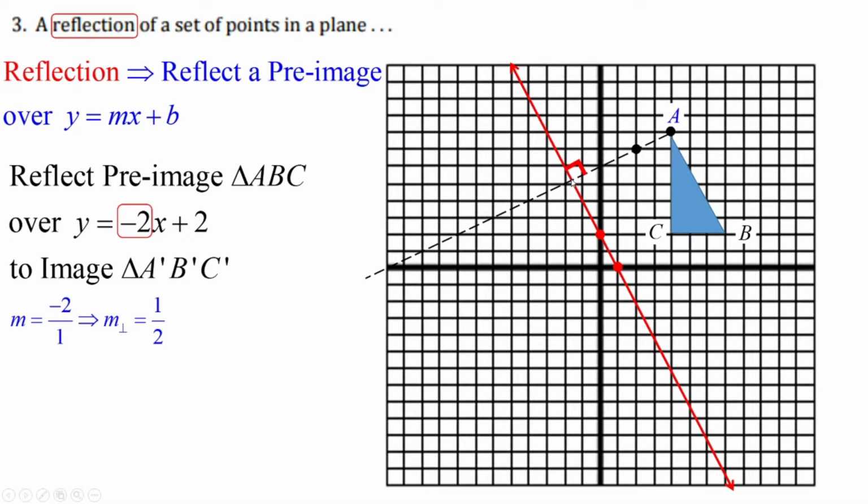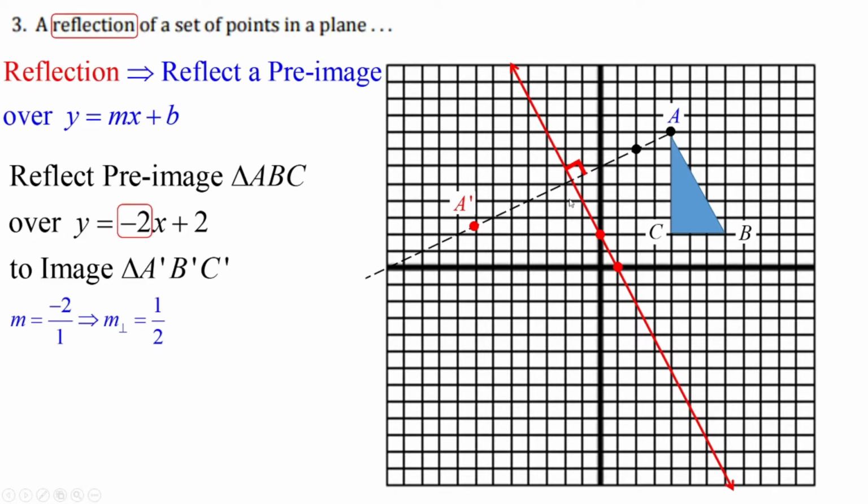And when it doesn't work out perfect, you can estimate it using the grid, or you could just measure with a ruler. So I measured this with a ruler, and I am saying that the distance from this point to my line of reflection is exactly the same as this point to my pre-image right there. Okay, so I'm going to call that A prime.